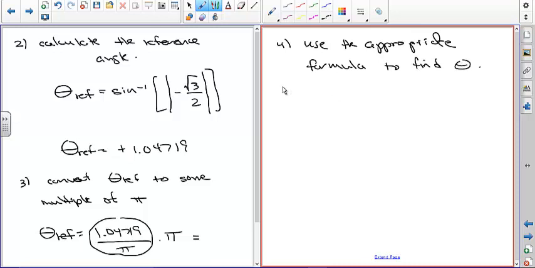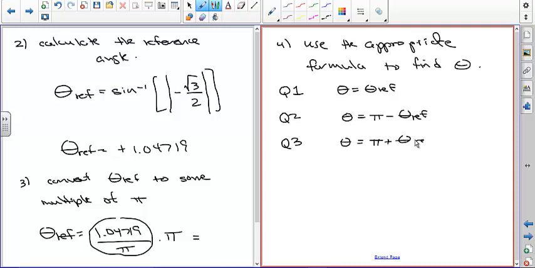So the appropriate formula is if your solution is quadrant 1, then theta is equal to the reference angle. That's easy. In the second quadrant, theta is equal to pi minus the reference angle. In the third quadrant, theta is equal to pi plus the reference angle. And in the fourth quadrant, theta is equal to 2 pi minus the reference angle. So these are the four formulas you have.